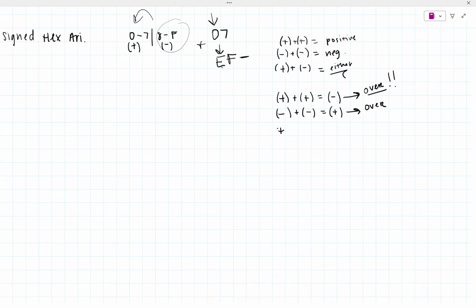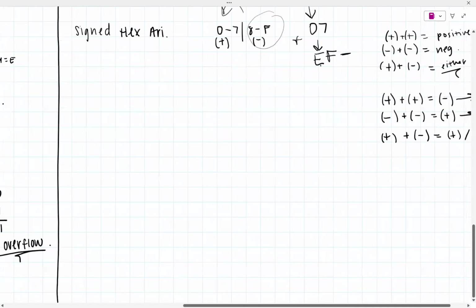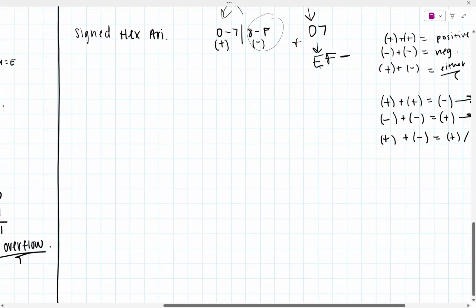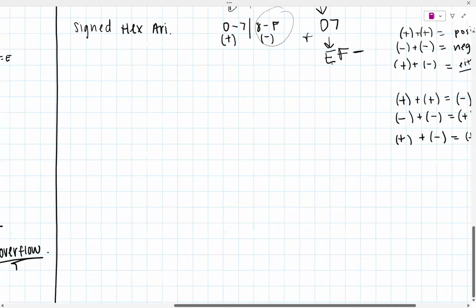However, if we have that positive and a negative, it doesn't matter what sign we get. There will never be overflow in that case. So that's important to know. That being said, let's move on to our first example.